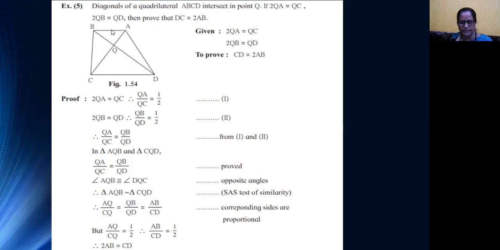This line's length and this line's length are to be proved in what proportion.